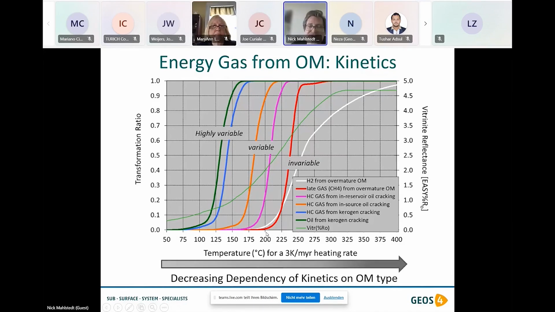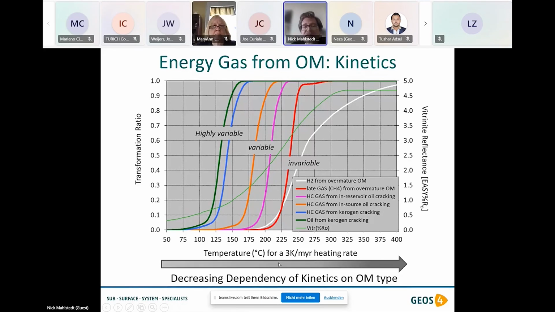Now, hydrogen generation begins in the metagenesis zone above 200 degrees and 2% vitrinite reflectance alongside late methane generation. When methane generation has come to an end at 250 degrees or 3.5% vitrinite reflectance, roughly 40% of the hydrogen potential is generated, leaving 60% to be generated between 3.5% vitrinite reflectance and 5% vitrinite reflectance, or 250 and 400 degrees.